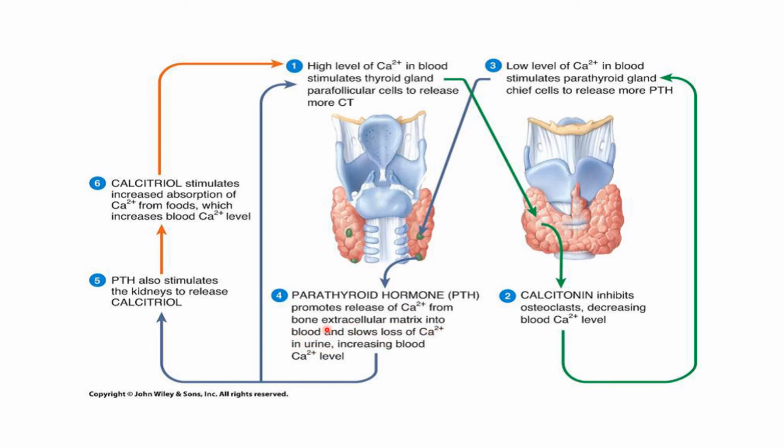That is the osteoclast process. Okay, so it promotes osteoclast activity and slows the loss of calcium ion into the urine. So the loss of calcium ion from the urine decreases and the calcium level in the blood increases.